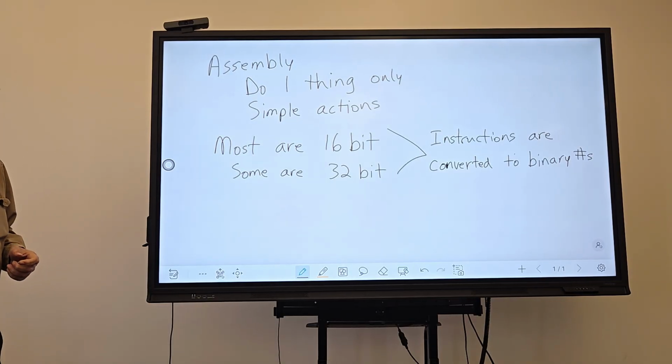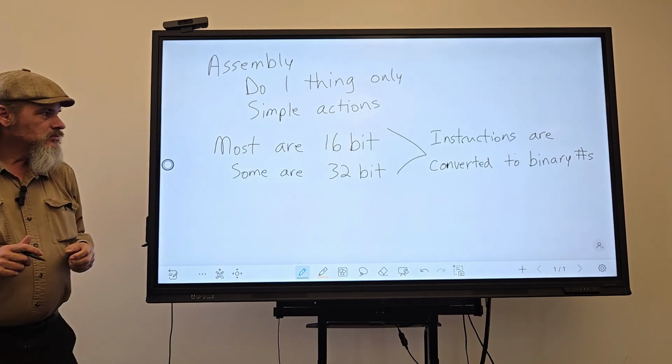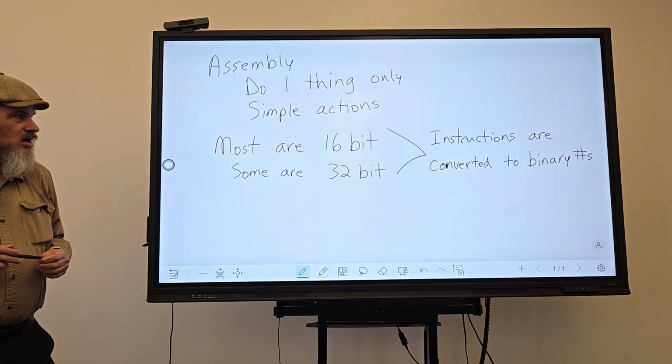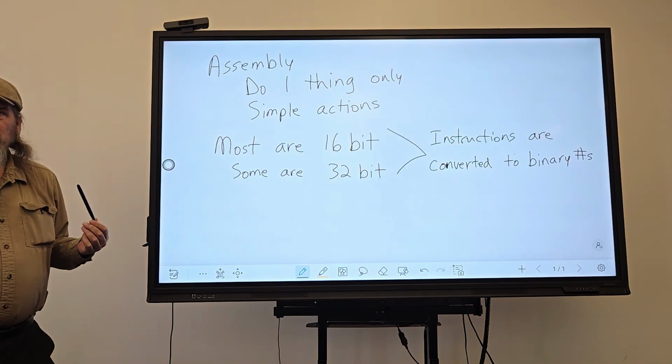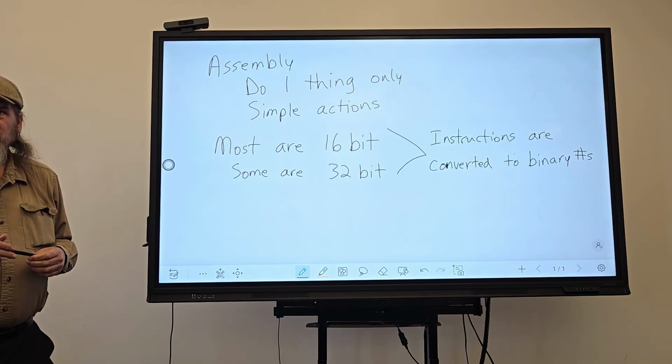So, if you have only 16 bits of data in the instruction, that means you can only do 65,536 different things.